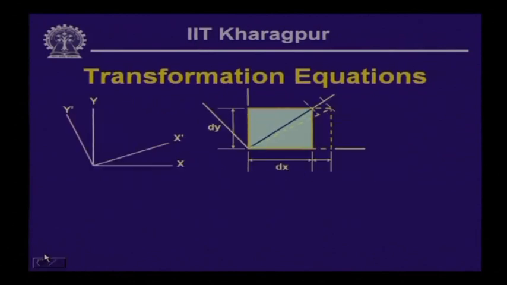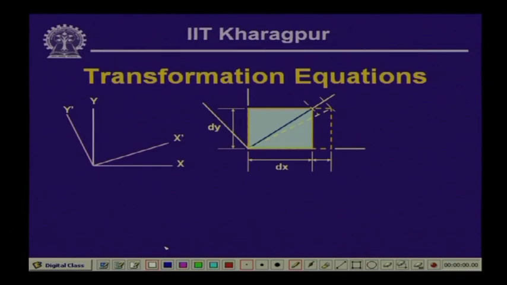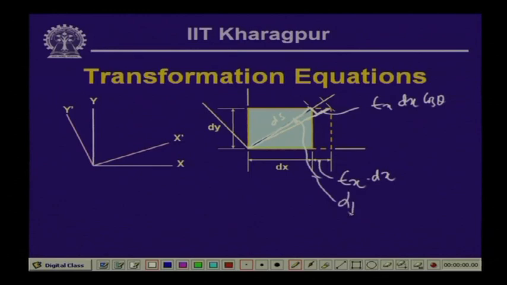In this particular case, where we had computed the deformation of the diagonal, which was originally d s, and finally it came to this particular position, we have already seen that this particular extension is epsilon x dx, and this particular stretching of the diagonal was epsilon x dx cos theta. Now, this is the angle which has been changed because of this stretching, and let us call this angle alpha 1.